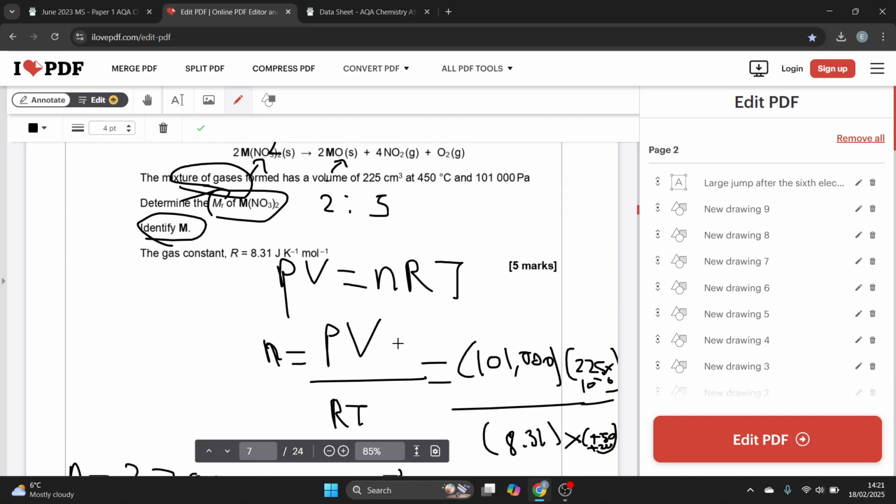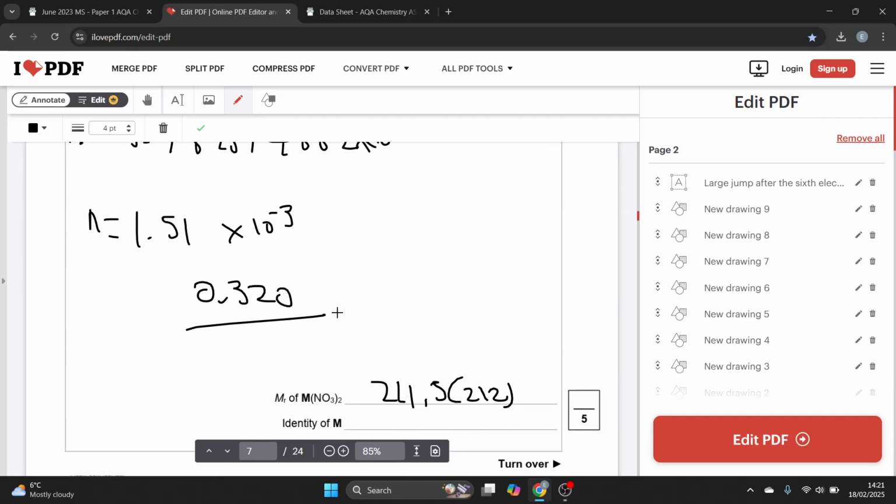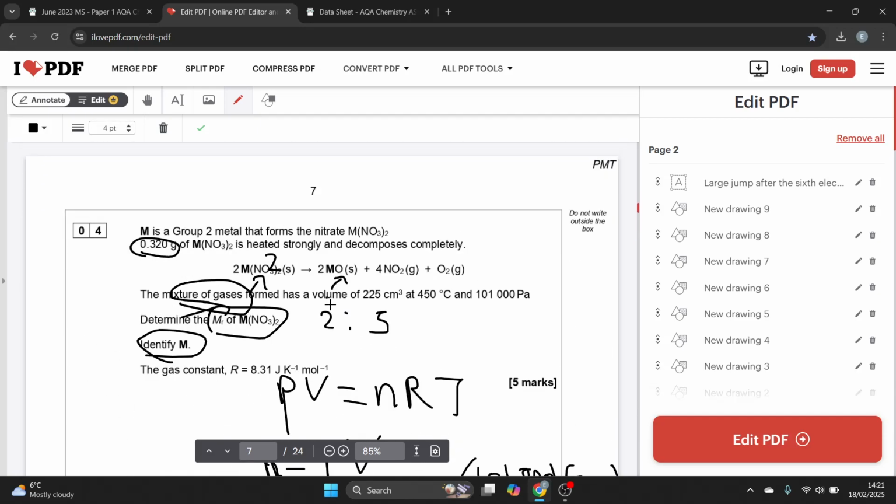Identity of M. Well, if the total MR now is 212, then I need to do 212 minus, well, what do I have again? Here, I need to get rid of this. Nitrogen, which is 14. Yeah, that's the MR of nitrogen.